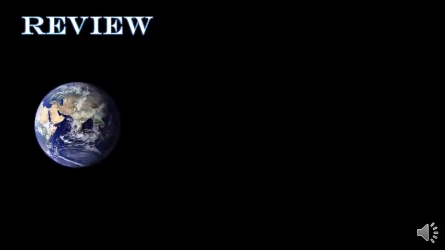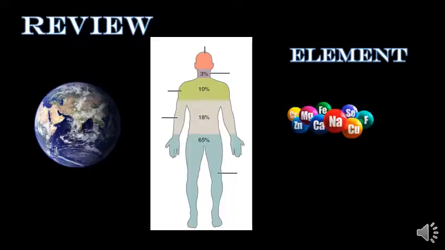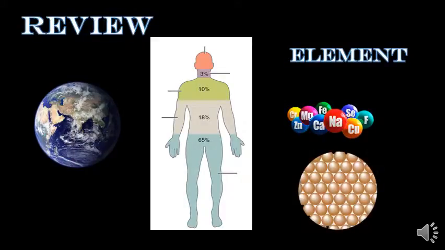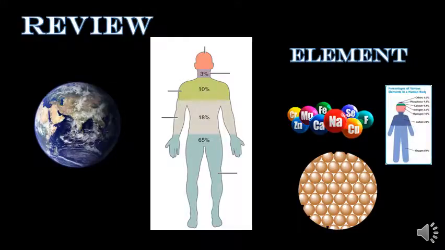To review. Of the Earth, oxygen makes up almost 50% of the crust, oceans, and atmosphere. And oxygen also makes up most of our body. The word element can mean a single atom. It could mean a whole bunch of atoms, or it could mean some sort of generic form of that atom.